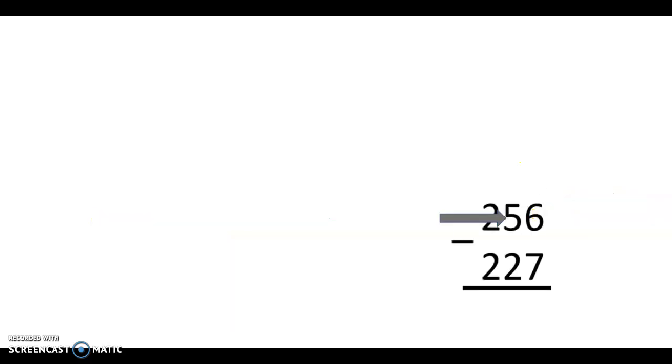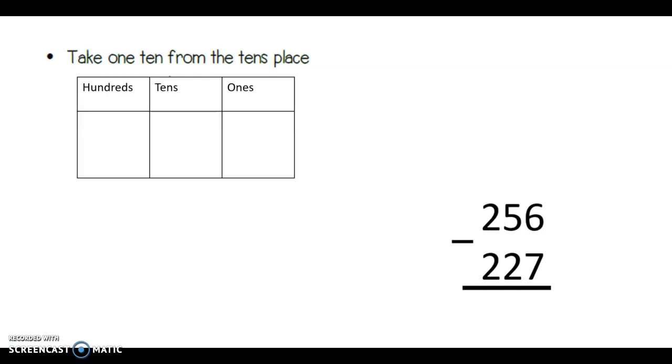So here we are in the tens place. We're going to take a 10 from the tens place. So here I'll model my number. I have 200. And then I have 5 tens.